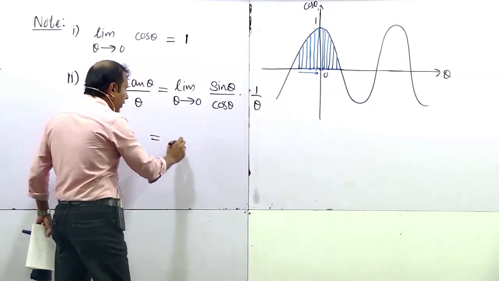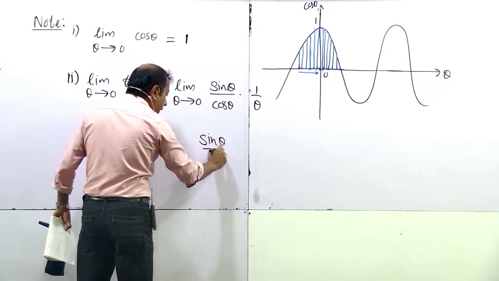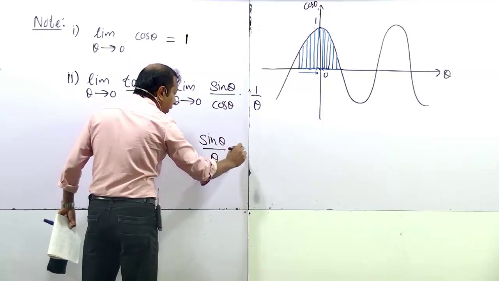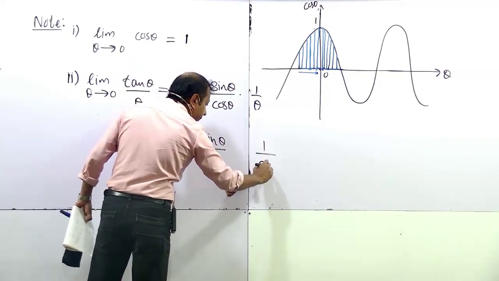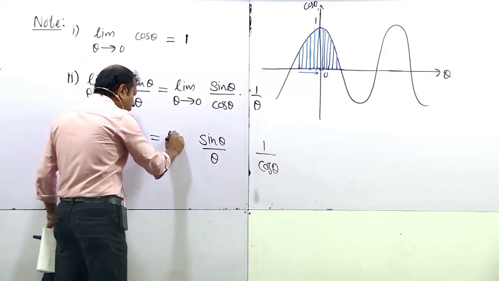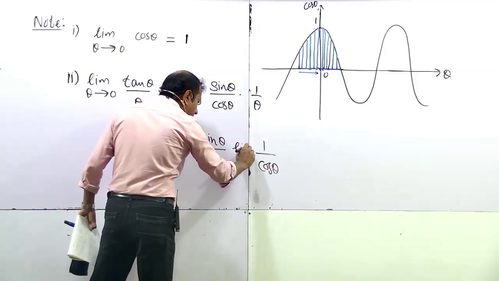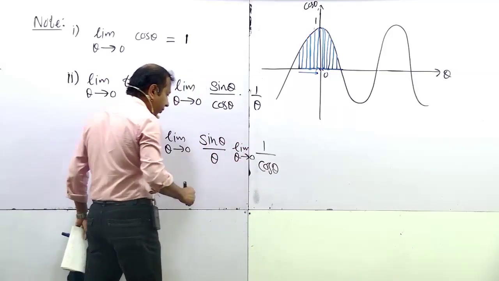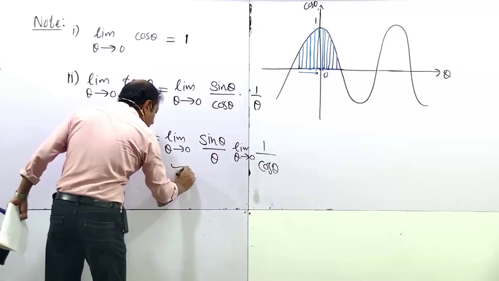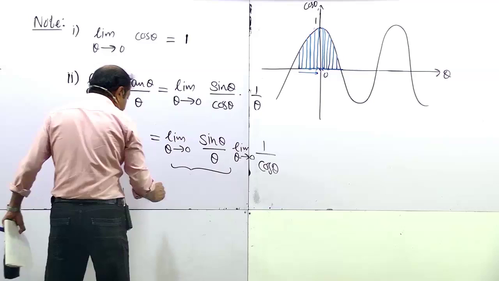Now I write this like this: the theta I bring here, and this cos theta I write as 1 over cos theta. Now here we write limit theta 0, and for this we apply limit theta 0. By this theorem, this is 1. This is 1.